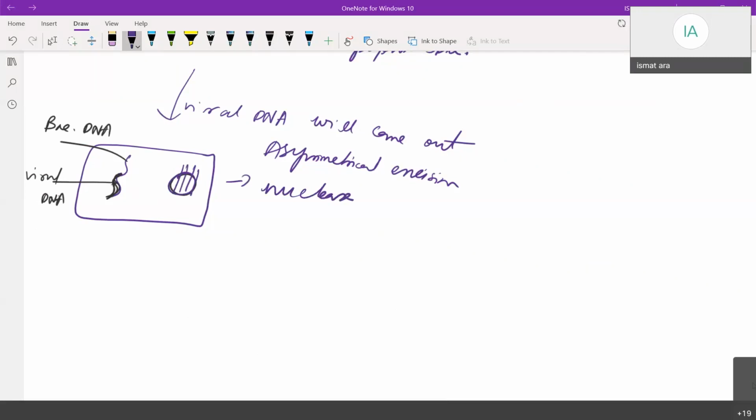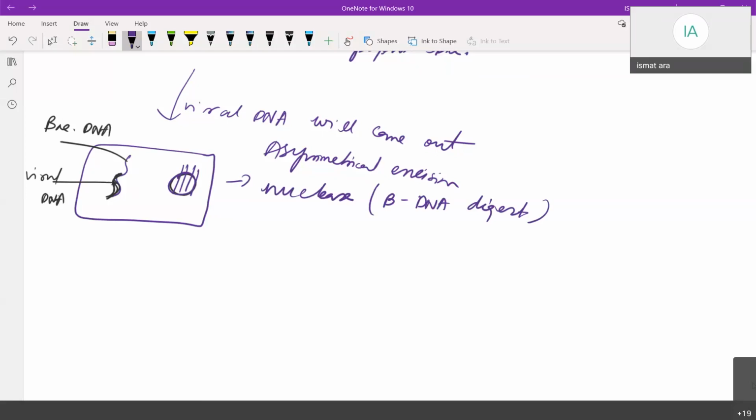With the help of this nuclease, they digest the DNA of the bacteria. Now this viral DNA will utilize the machinery of the host. Here, the host is bacteria.